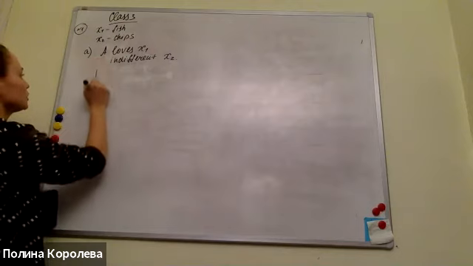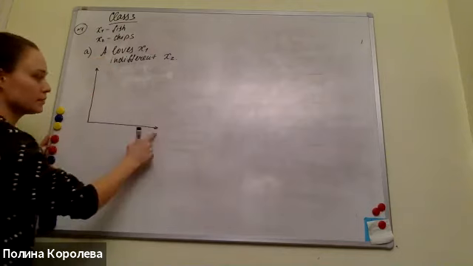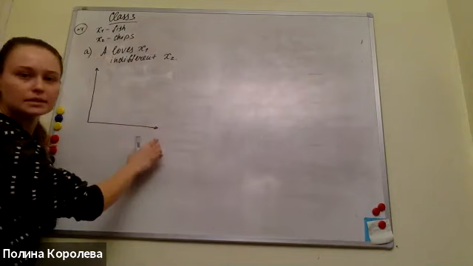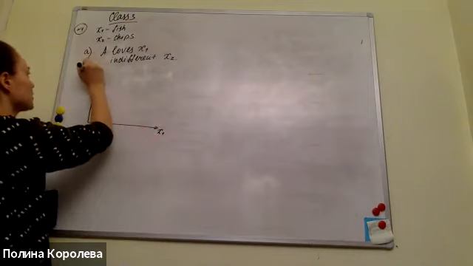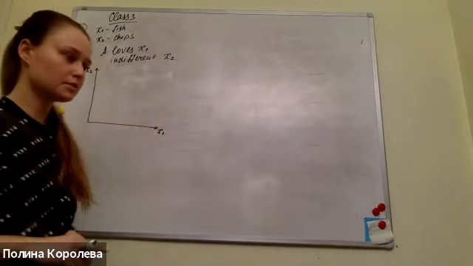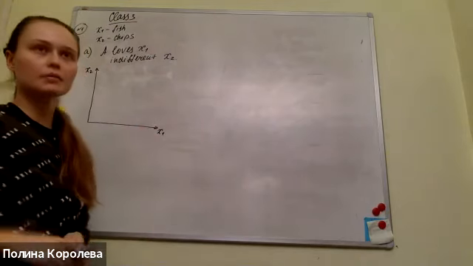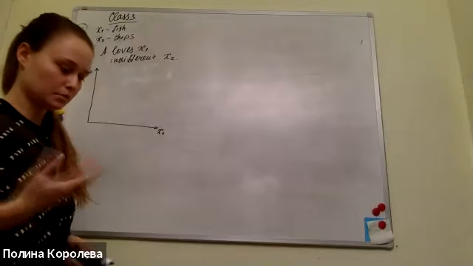So, first of all, we draw the graph and name the axes. So here we will have fish, here we will have chips. How to draw the indifference curve? On the indifference curve lie bundles.